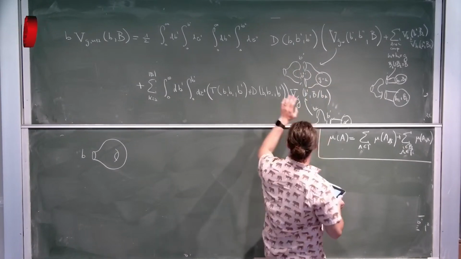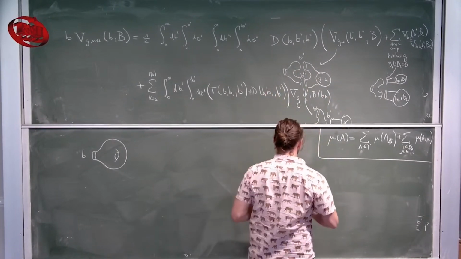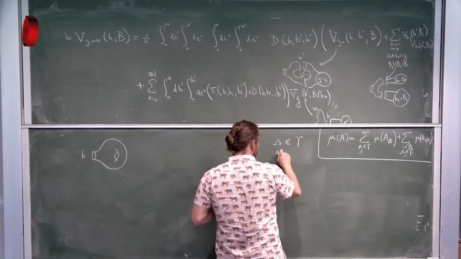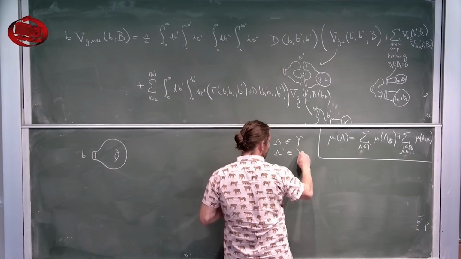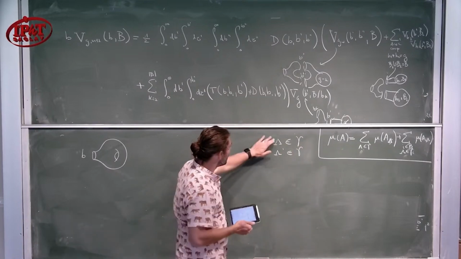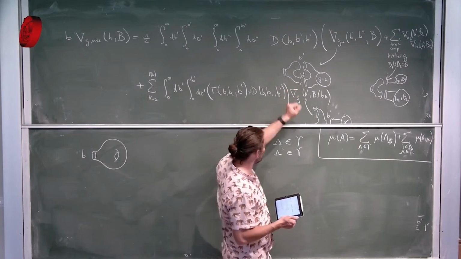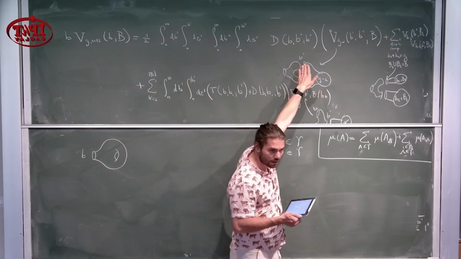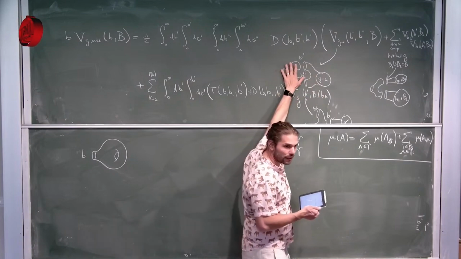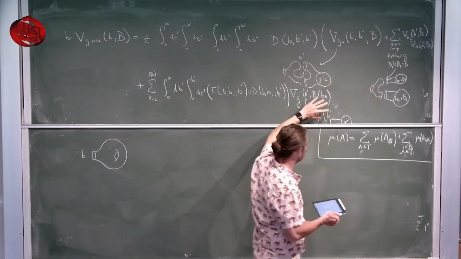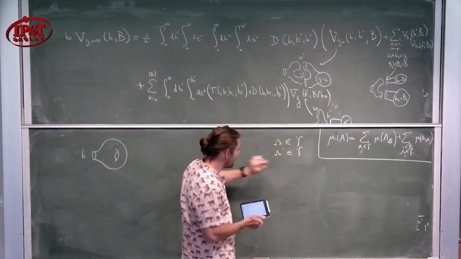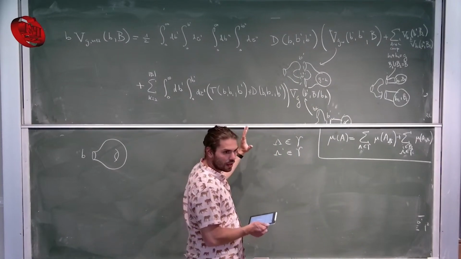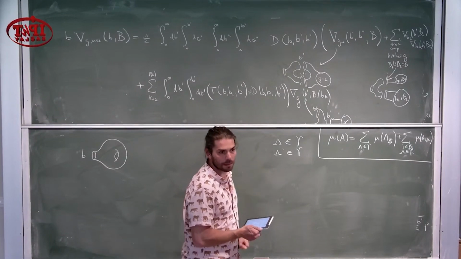So the different cases, if I take one case, let's call it lambda inside of upsilon, and another case lambda prime also inside of upsilon, and after I cut my manifold along these two geodesics, I obtain the same type of cut either in this category or this category. So if lambda and lambda prime have the same type of cut, then you can prove that the two are related by the action of the mapping class group.